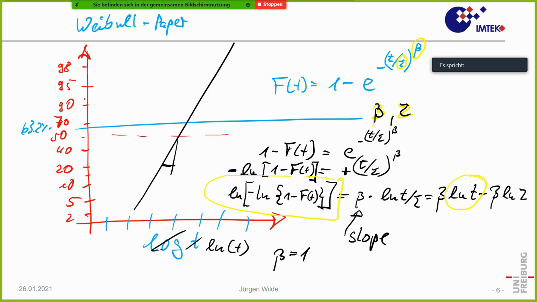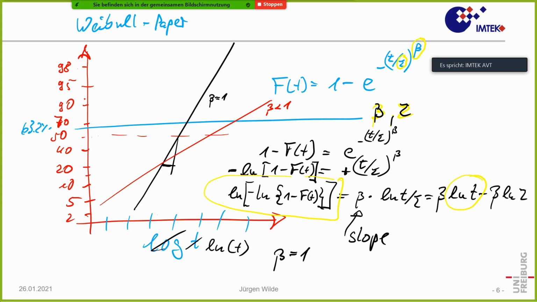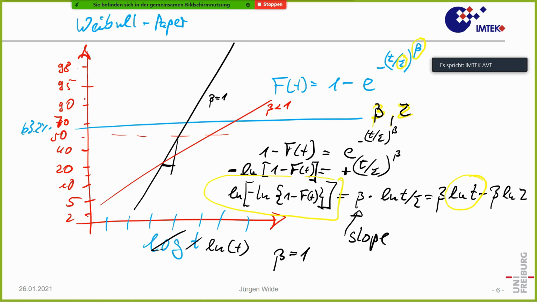In the case of an exponential function, we can say that is beta of 1. When beta is smaller than 1, we have typically a decreasing failure rate, and when beta is larger than 1, we have typically an increasing failure rate. So, and that is typical of Weibull curve in the case of fatigue, for instance.